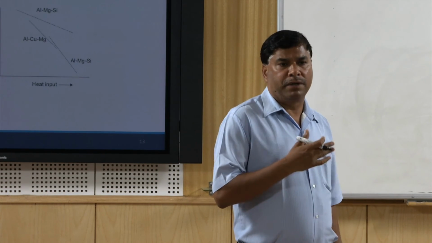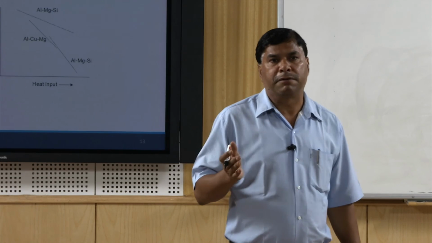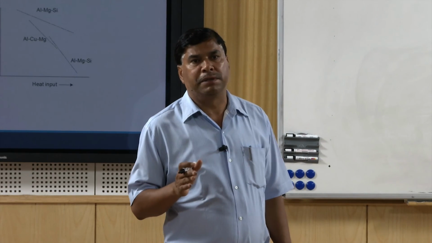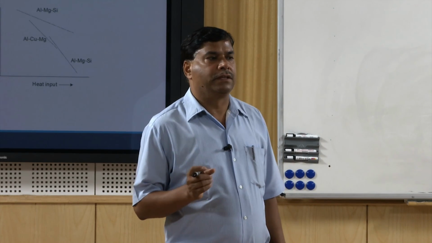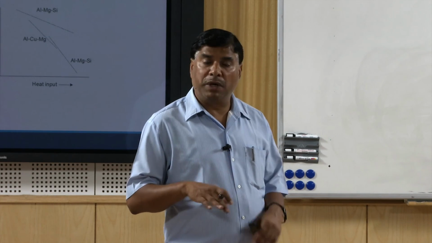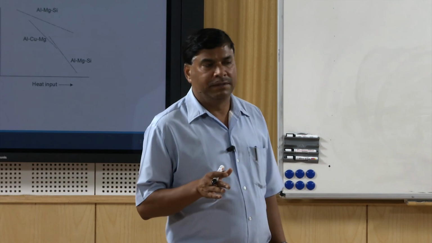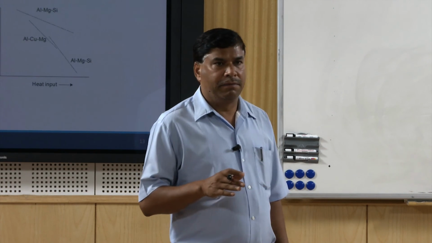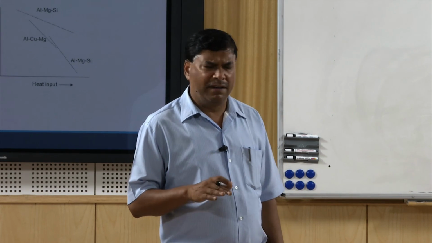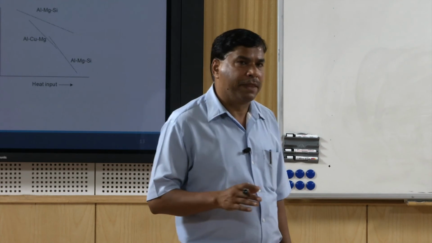So, it is important that heat delivered to the workpiece is kept as low as possible, so that a sound joint is made without compromising much of the quality of the weld joint, and without much adversely affecting the base metal.